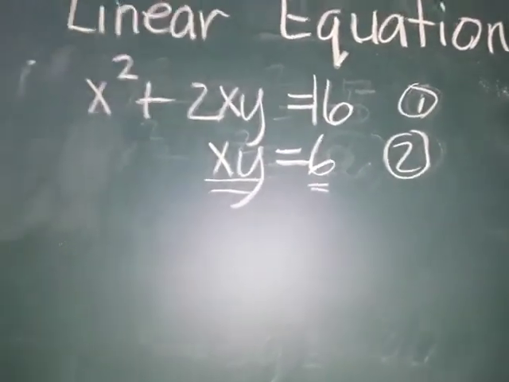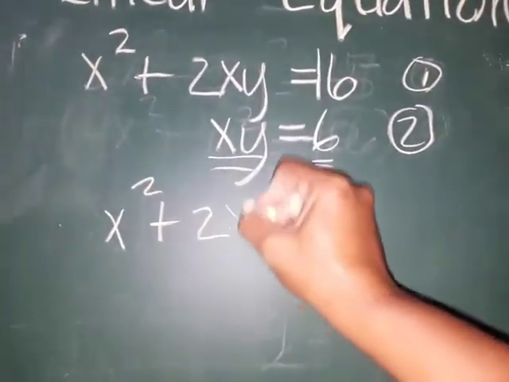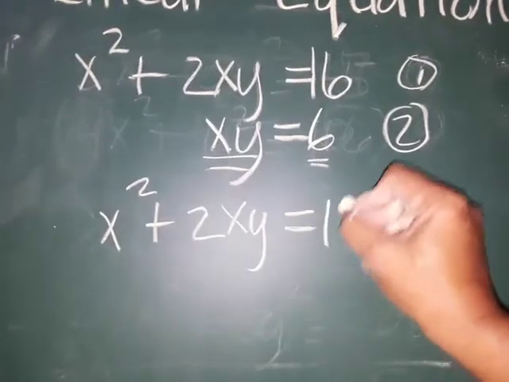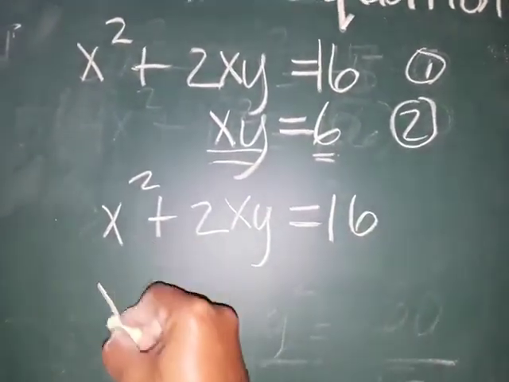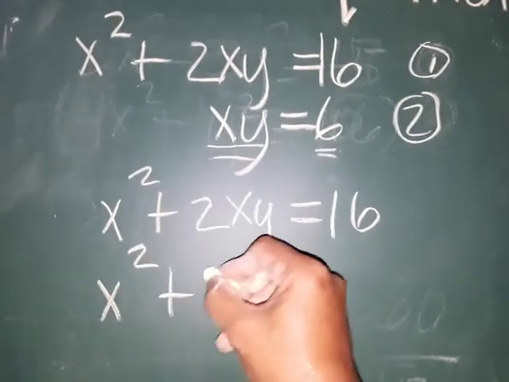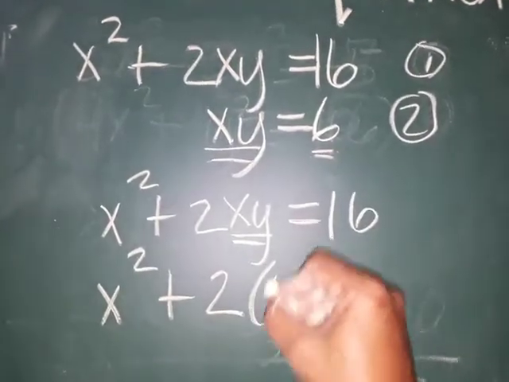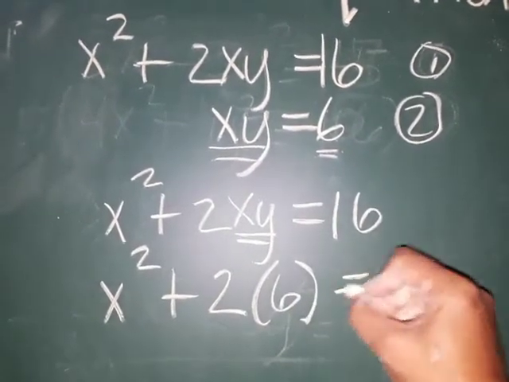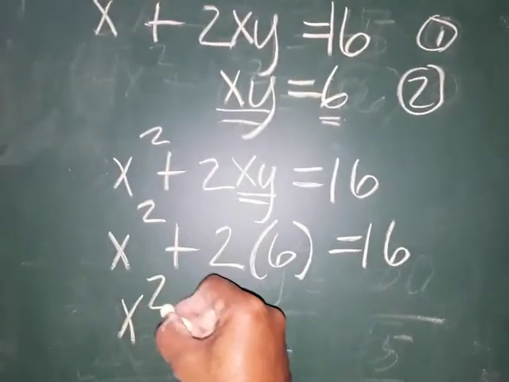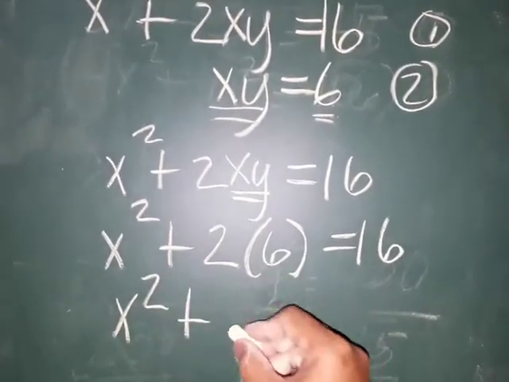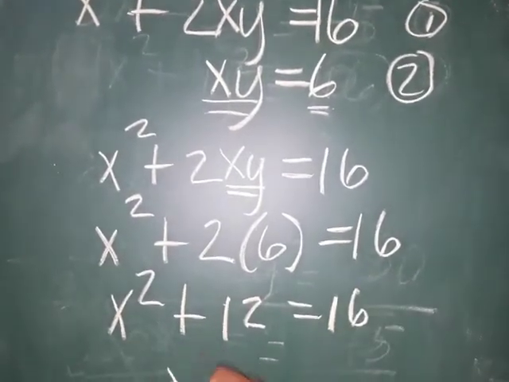So, copy equation 1, x squared plus 2xy is equal to 16. Substitute xy. So, copy x squared plus 2. Ang ating xy ay 6. Is equal to 16.